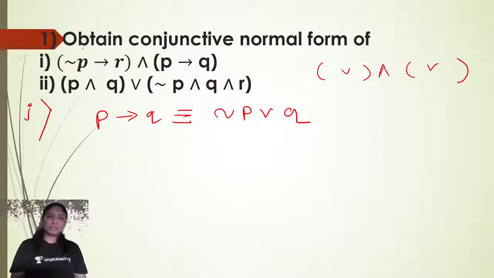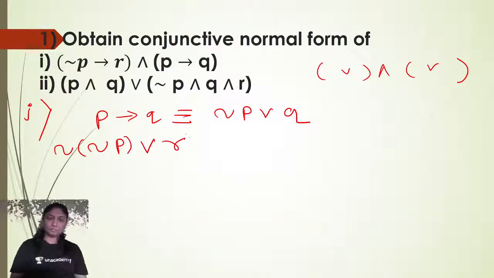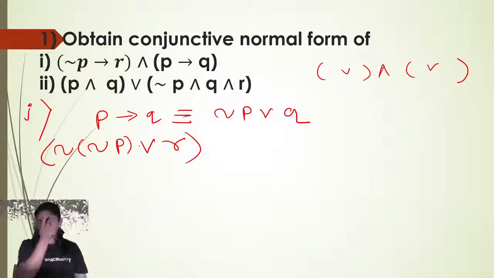So instead of P implies Q, we can write negation of P or Q, right? So here negation of P implies R, we can write negation of negation of P or R. These statements we have written here. If you want, you can write it here.